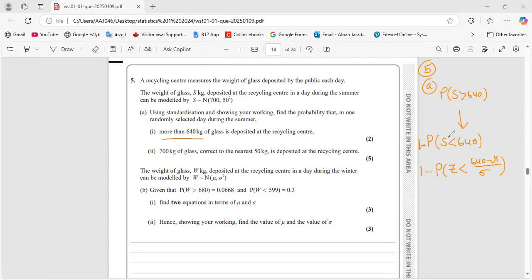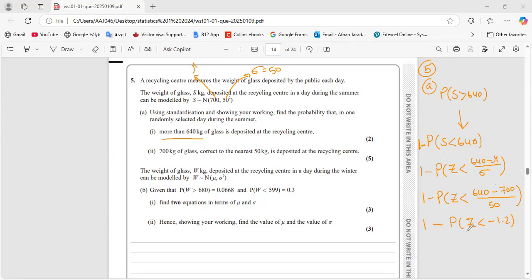I don't need S to go to the table, I need Z. So it's 1 minus the probability of Z less than 640 minus 700. Don't miss that the first number is mu, the mean, and this one is the variance, so you need the standard deviation, which is 50. So 640 minus 700 divided by 50 gives 1 minus the probability of Z less than negative 1.2.